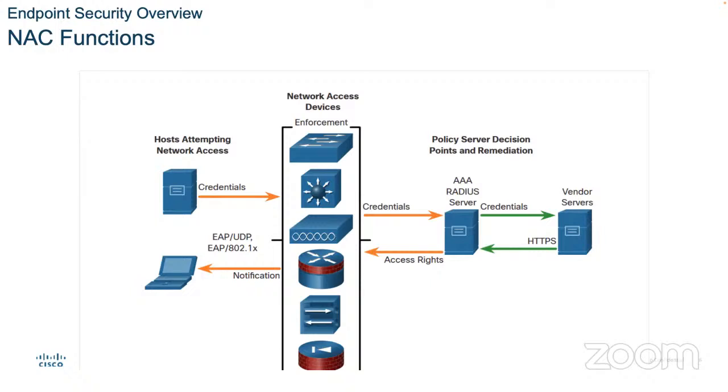Does this device have some form of anti-malware? Connecting to things like a RADIUS server helps verify this is who they say they are. All just ways that network access control can be implemented to begin securing our networks.